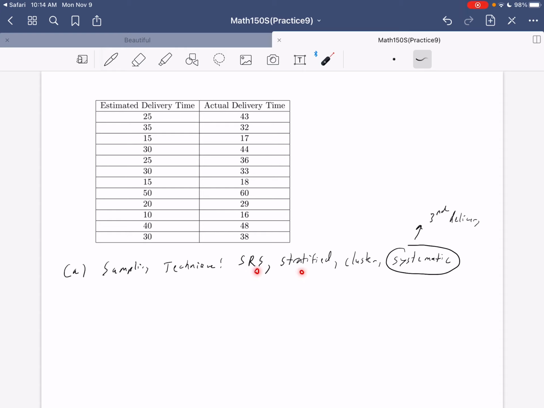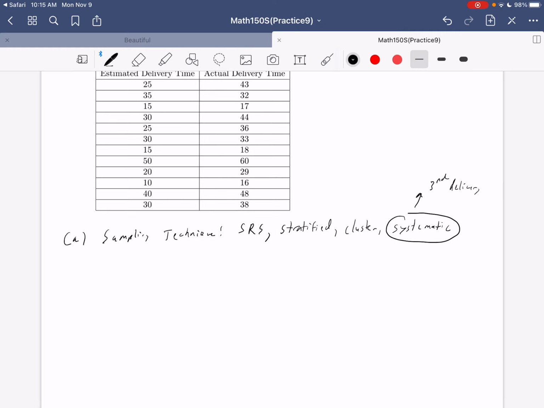In SRS, stratified and cluster, the word random is going to be in the paragraph, which is important because when we get to the conditions of the hypothesis test and confidence interval, one of the conditions is that the data must be random. So it's important to analyze here that since it's systematic, it counts as random even though the word random doesn't appear in the text. So this is going to be important for verifying one of the conditions later on.